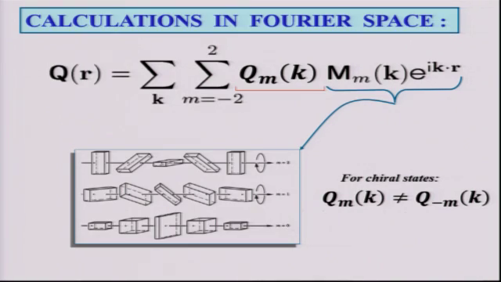So for chiral states, these amplitudes for opposite m's are simply different. I showed you the illustration here. What do those bricks mean? You just take the helicity modes, multiply by exponent i q r, then you diagonalize it, and you make a brick of arms which are moduli of eigenvalues.